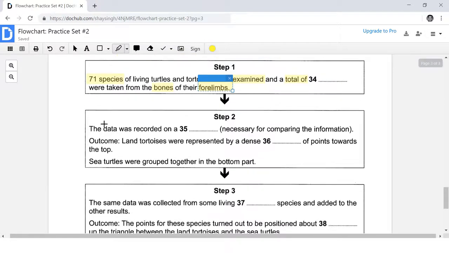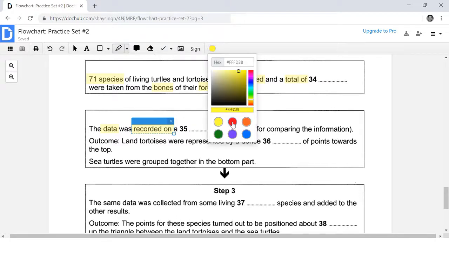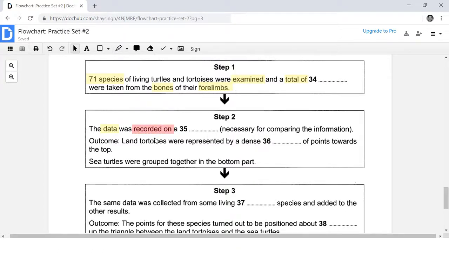Here for number 35, we have something about data being recorded. Recorded on what? So that seems to be the specific information that they are looking for. So this is our connecting keyword. It is also the specific information that we are looking for. So just to add some extra emphasis, I want to highlight this in red because I want you to pay special attention to this part, because this is the information that we are looking for.